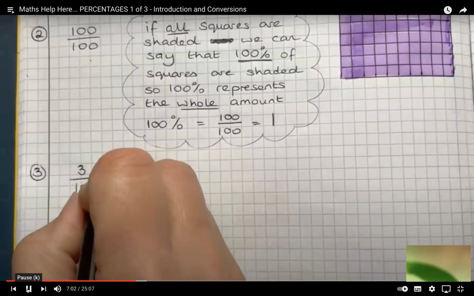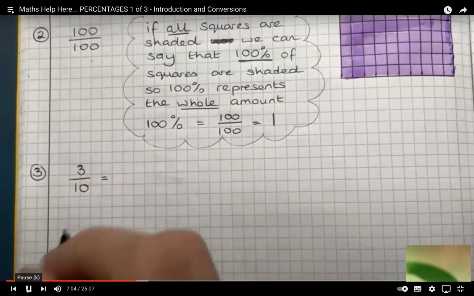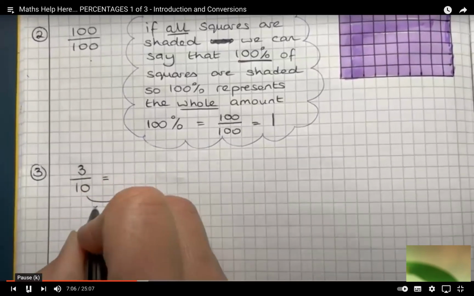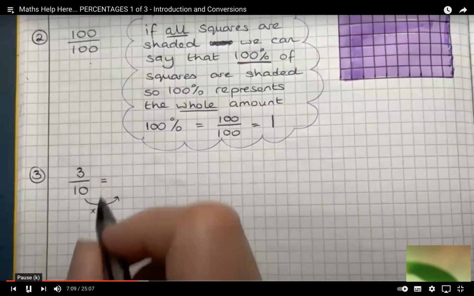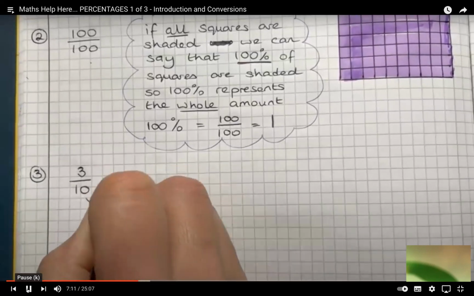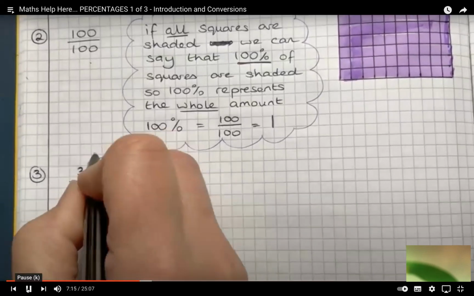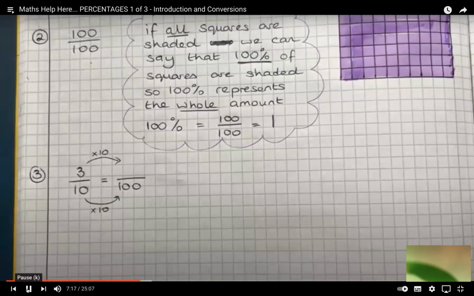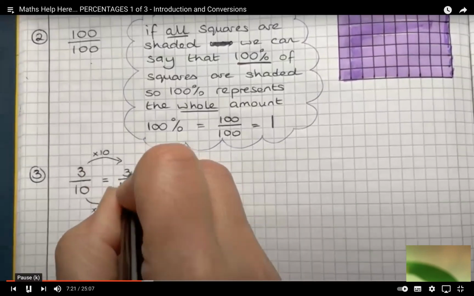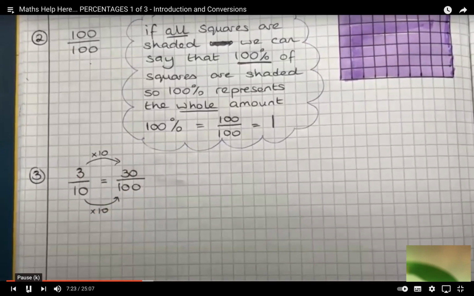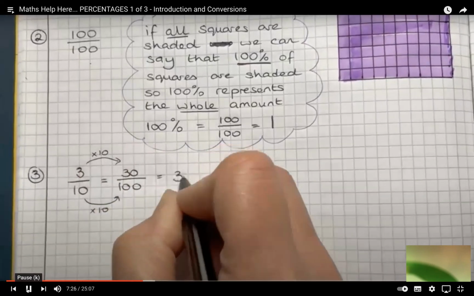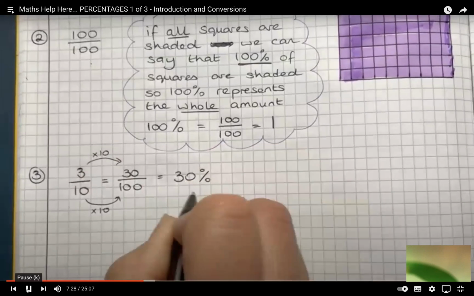Well, luckily, from doing my equivalent fractions, I know that if I multiply my denominator by 10, I'm going to get a denominator of 100. I know for equivalent fractions, I need to do the same to the numerator that I do to the denominator. So I'm going to multiply both of them by 10. That gives me 30 over 100, which I can now write as 30%.